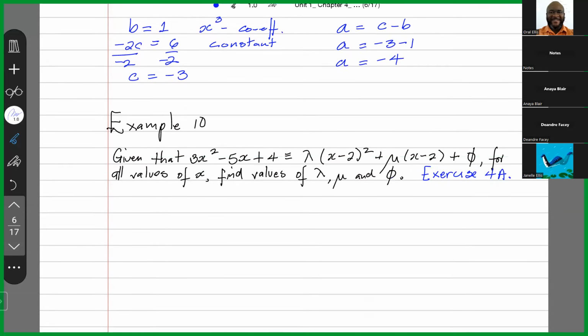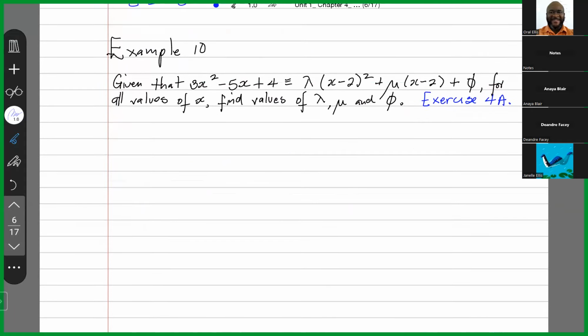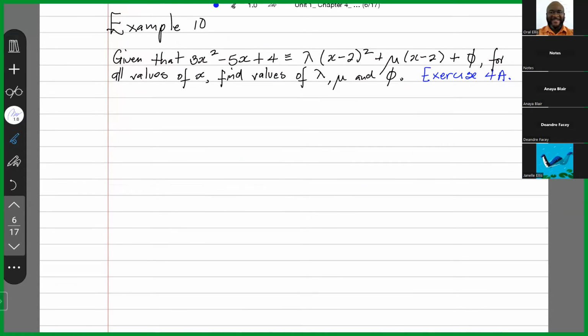All right, let's have a go at 10. Again, it's an issue of comparing polynomials, comparing equal polynomials to determine unknowns. In 10, they said, given that 3x squared minus 5x plus 4 is equal to lambda into (x minus 2) squared plus mu into (x minus 2) plus phi. Now, lambda, mu, and phi are Greek letters.